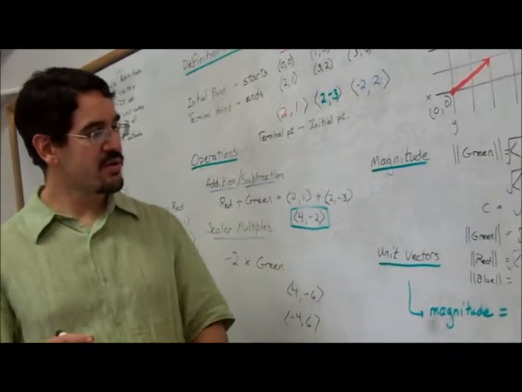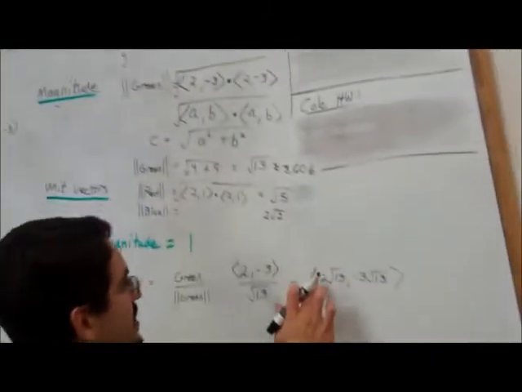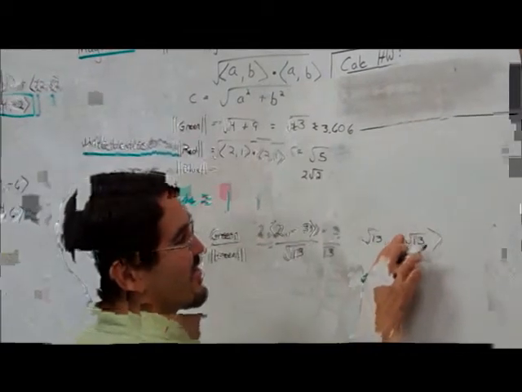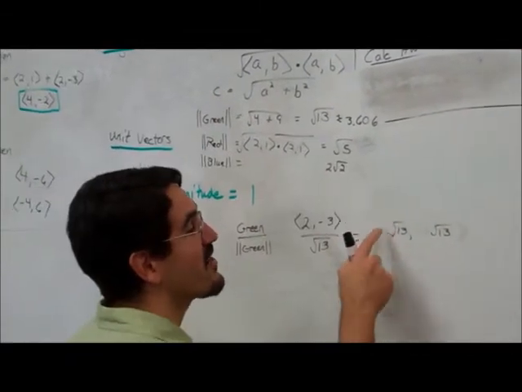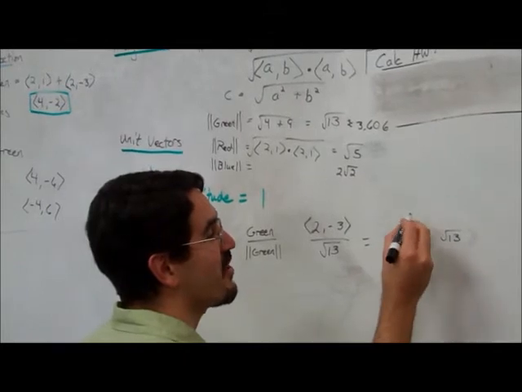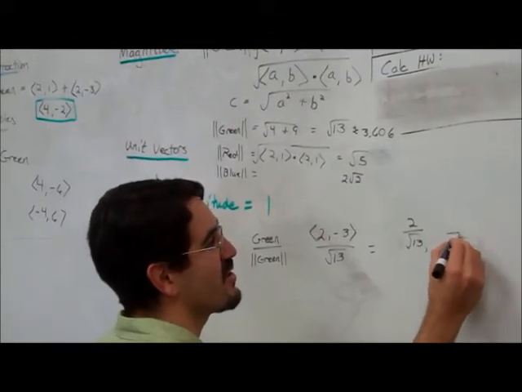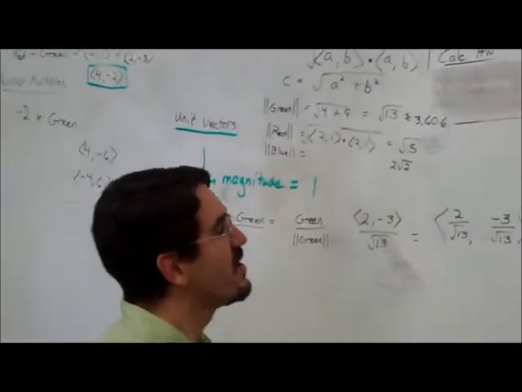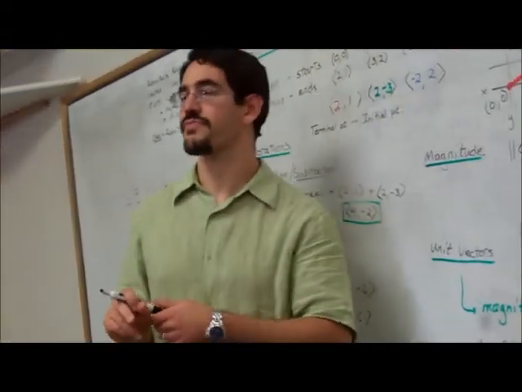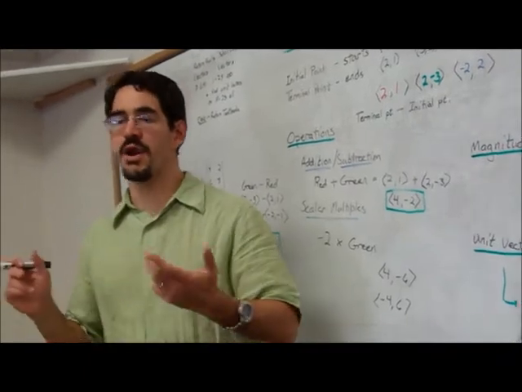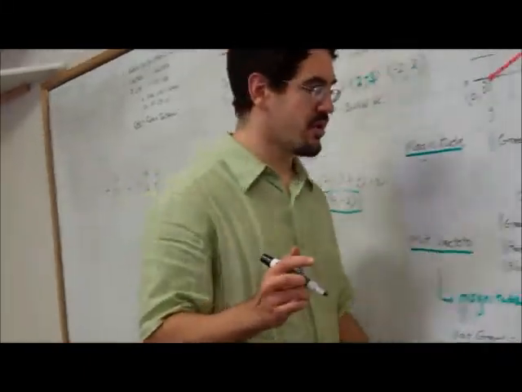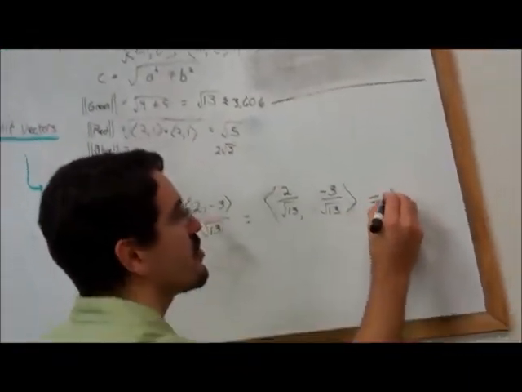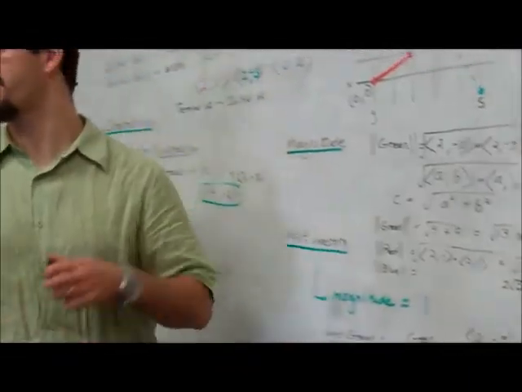Wait, this is multiply, whoops, I'm sorry. Thank you guys. I'd love to say that I did that just to see if you were paying attention and not falling asleep. But I can't say that because that'd be a lie. All right, dividing it by that. All right, and there you have a unit vector. Our textbook will use the letter U for unit vectors.